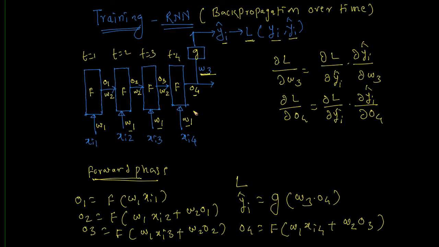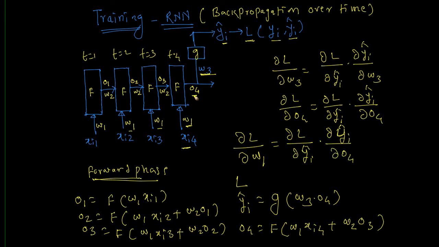Now, in order to update this W1, how can I do it? The derivative of loss with respect to W1 at time t equal to 4 is equal to the derivative of loss with respect to yi hat, then the derivative of yi hat with respect to O4, and then the derivative of O4 with respect to W1.